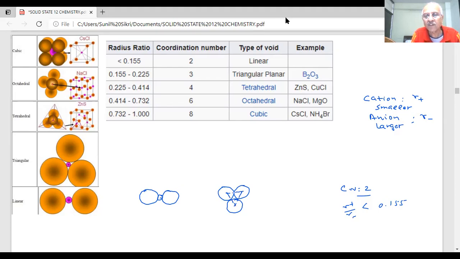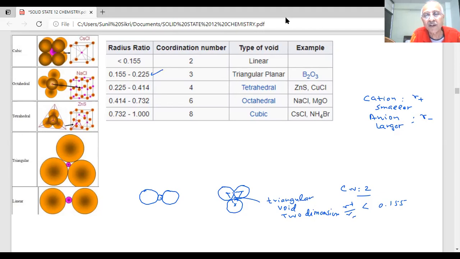If I join the centers of these, this void is called a triangular void in two dimensions. The ionic solid will shift into a two dimensional arrangement. As you can see, it is a triangular void, and the radius ratio in this case turns out to be 0.155 to 0.225. This is the value.